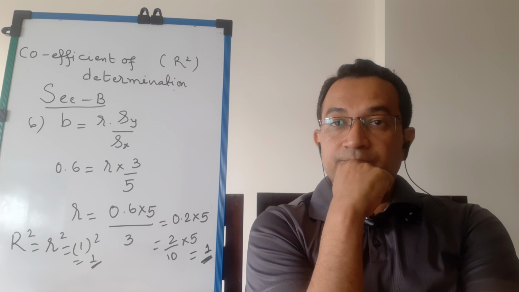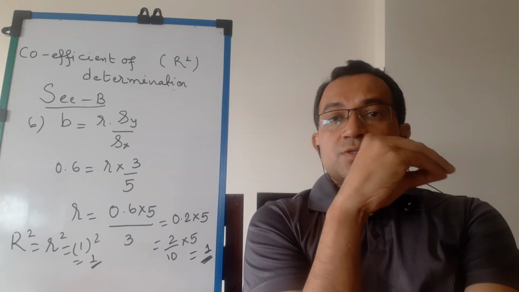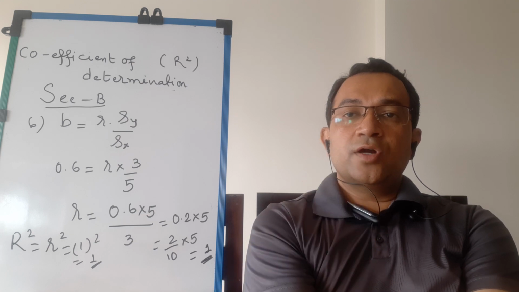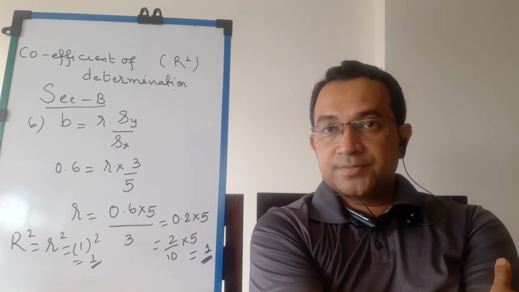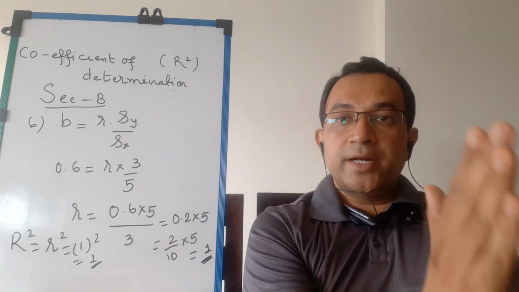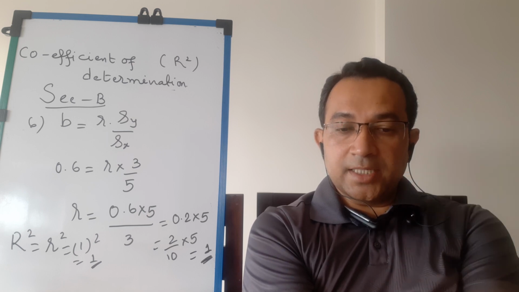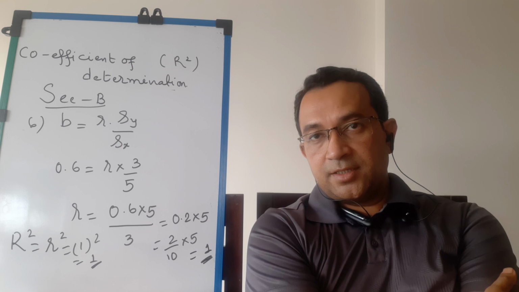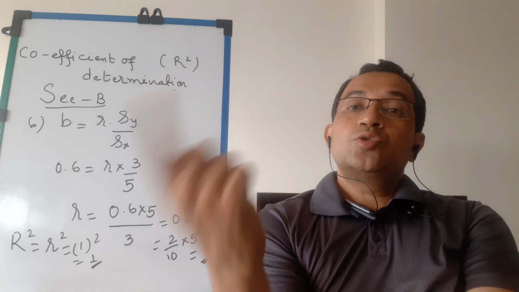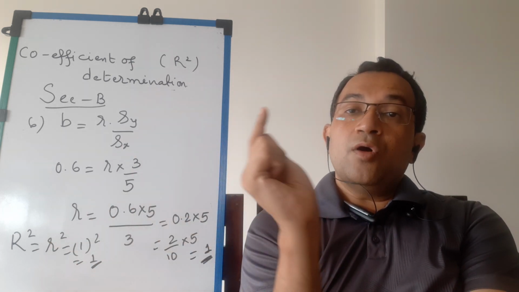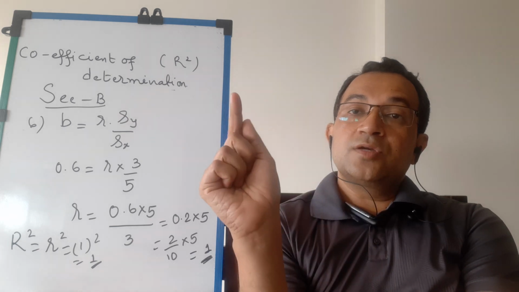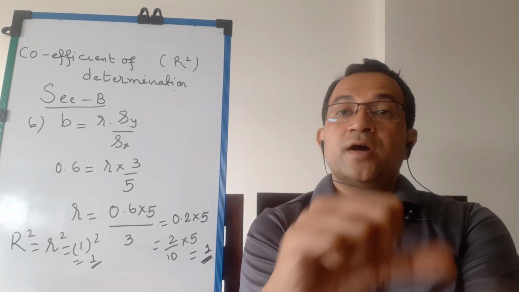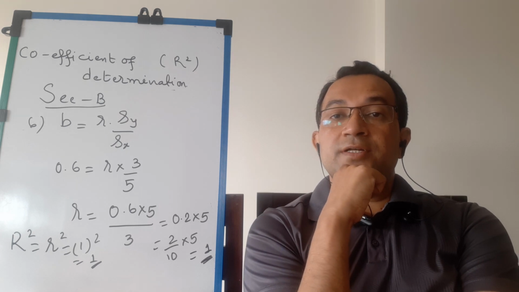It means what? Suppose the values of x are given within the range of say 40 to 70. The values of independent variable x, students, are given within the range of 40 to 70. Now you are told to find the estimate of y when x is equal to 190. Now 190 is very far from the range of 40 to 70.